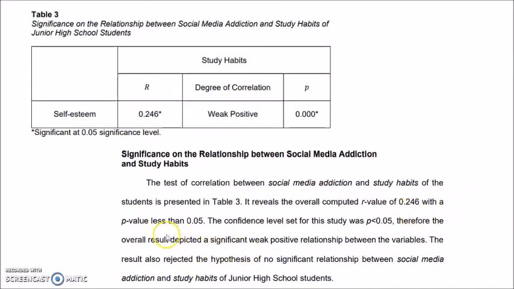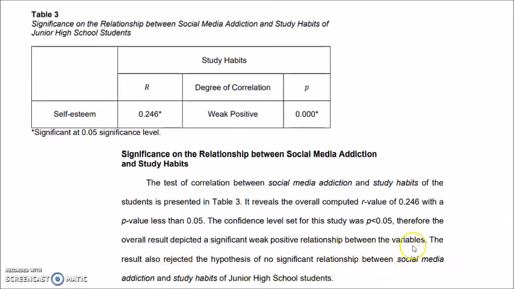So therefore, the overall result depicted a significant weak positive relationship between the variables. Weak positive relationship or low positive relationship, based dun sa table na ginamit natin. The result also rejected the hypothesis of no significant relationship between social media addiction and study habits of junior high school students.